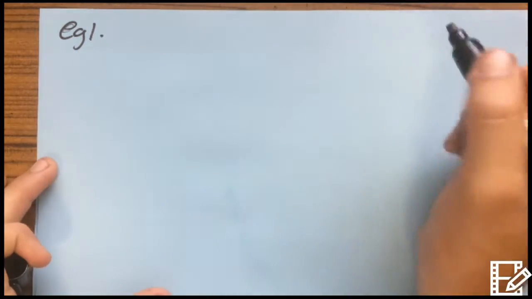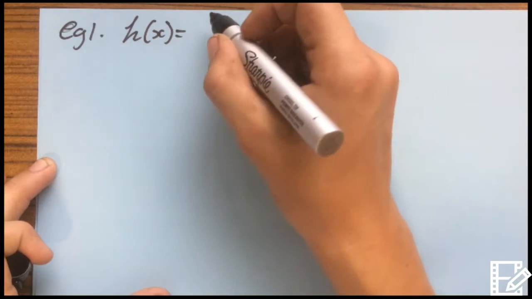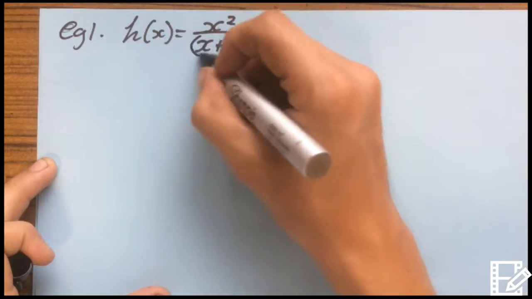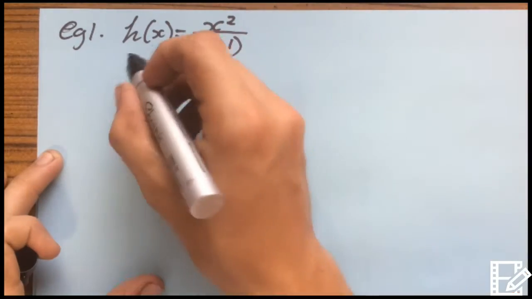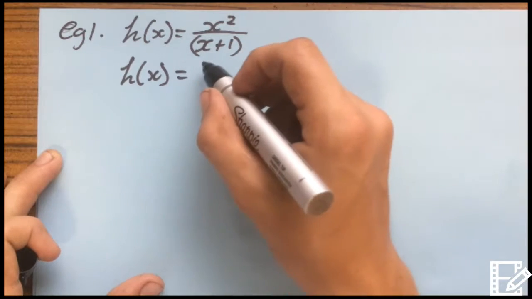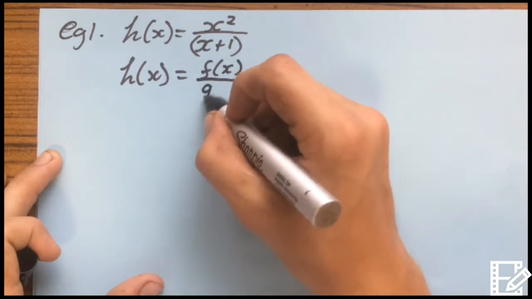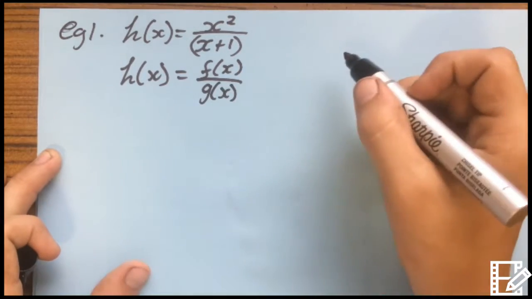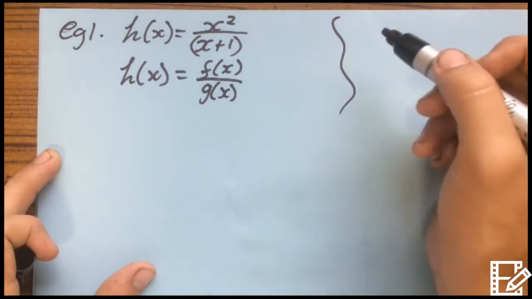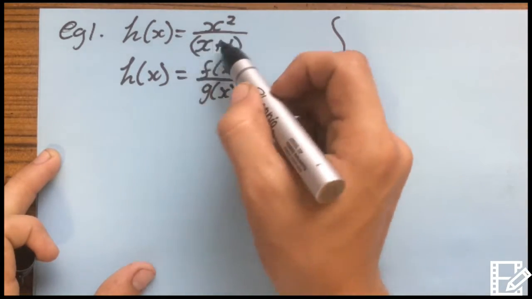Example 1. h(x), make it equal x squared over x plus 1. So, h(x), when you have a function over a function, use the formula f(x) over g(x). Now, they look very similar because there's a function there over another function, and there's a function over another function.